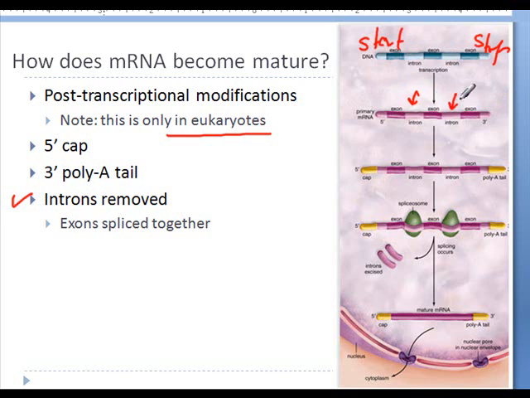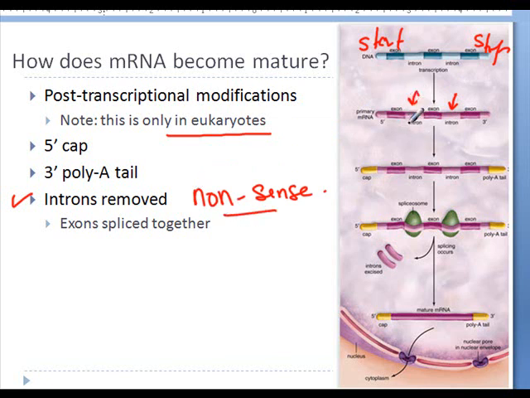These are regions of the DNA that have been copied, but they do not give rise to any particular protein. Think of them as nonsense regions. The introns have to be removed.